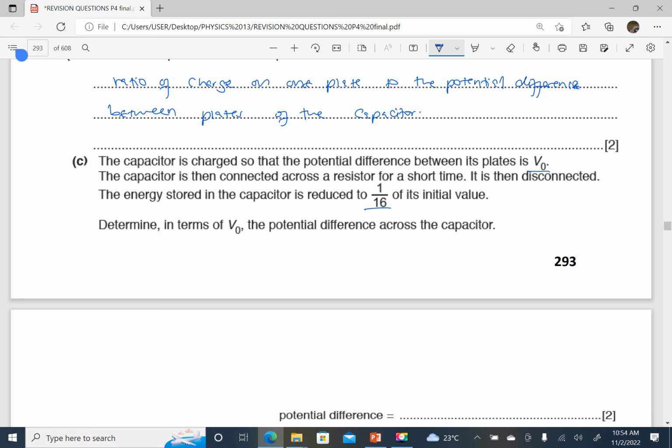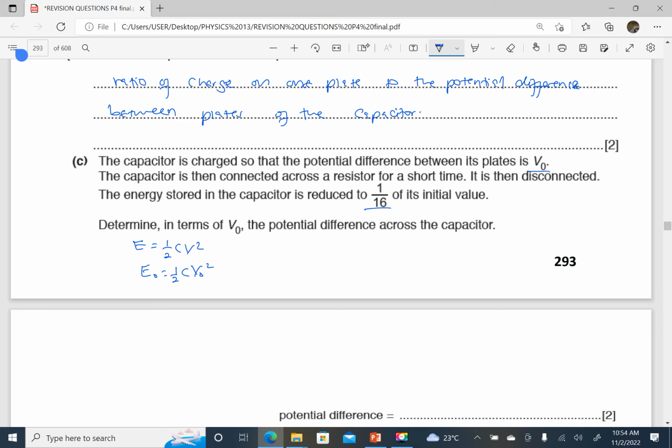So we know that the energy stored by a capacitor is a half CV squared. So if the capacitor is initially charged to a value of V naught, the initial amount of energy, I'll call it E naught, is a half C V naught squared.